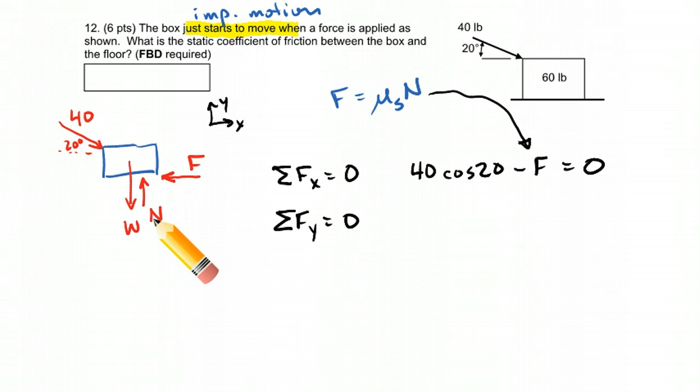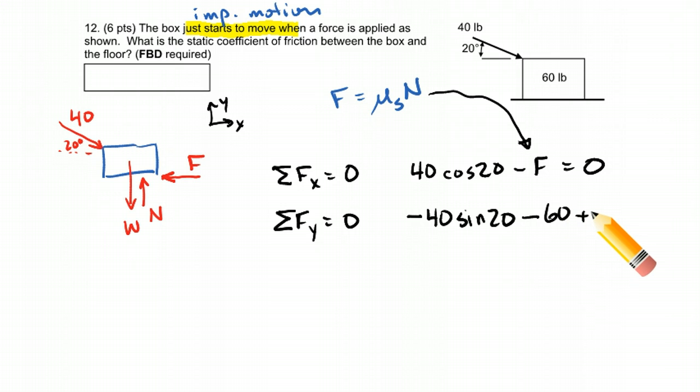Okay, be careful, the normal is not the weight because we have an extra force going down there. So we'll have a minus 40 sine 20. This downward component, opposite the 20-degree angle, the downward is the minus, okay, minus the weight plus the normal force is equal to 0.